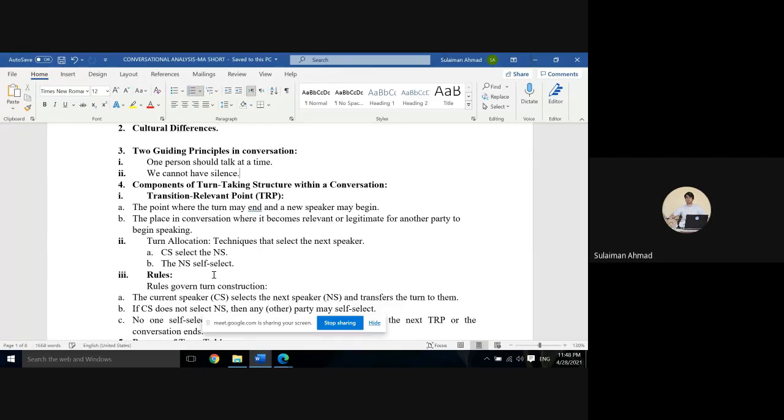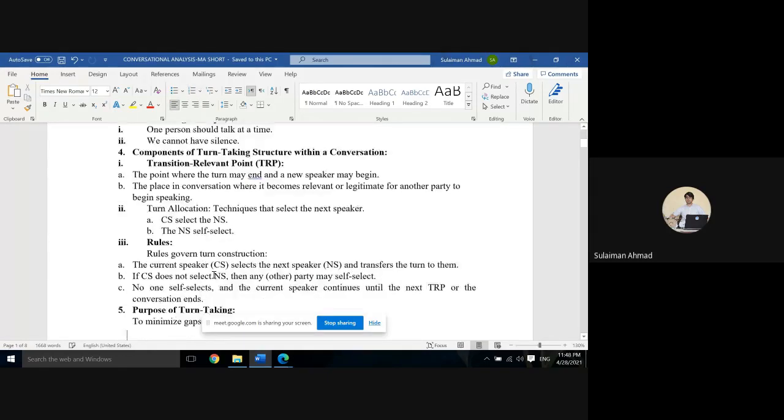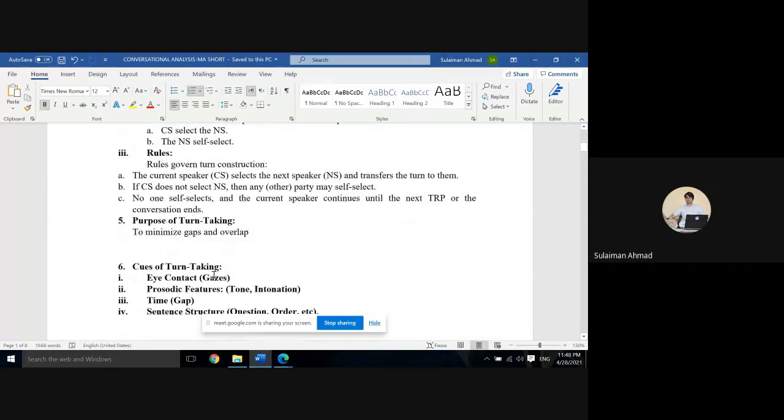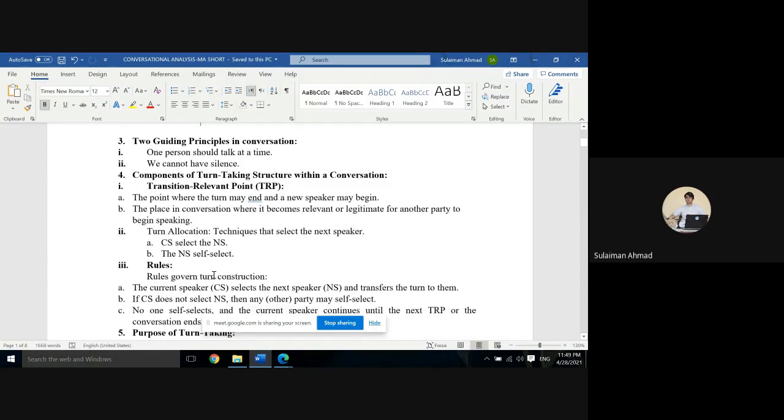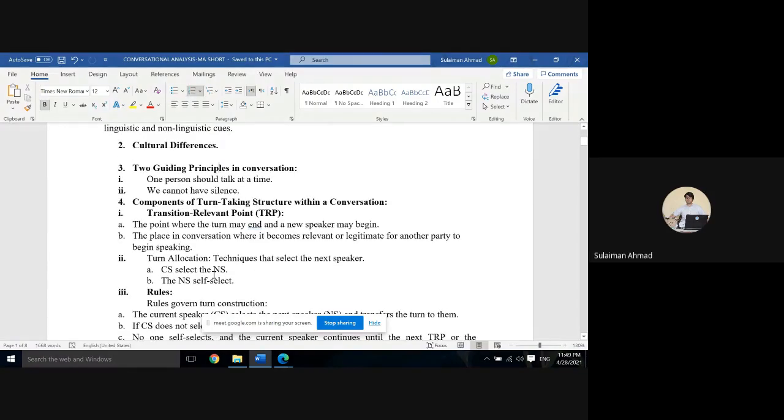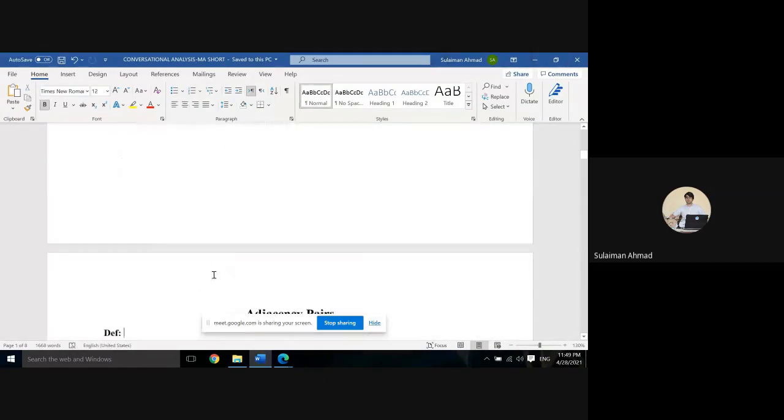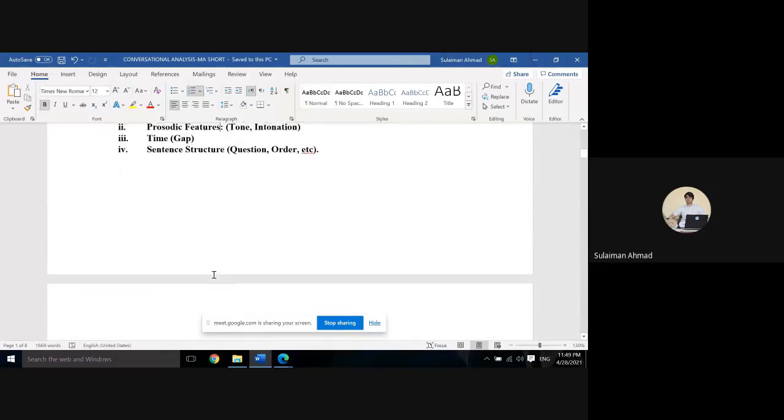And the second thing, we cannot have long silence, we cannot have long gaps. So the purpose of turn taking is to minimize gaps, long pauses, long silences, and to minimize overlaps, simply to operationalize these two principles, rule number one and rule number two. So that is the purpose of turn taking and turn allocation.